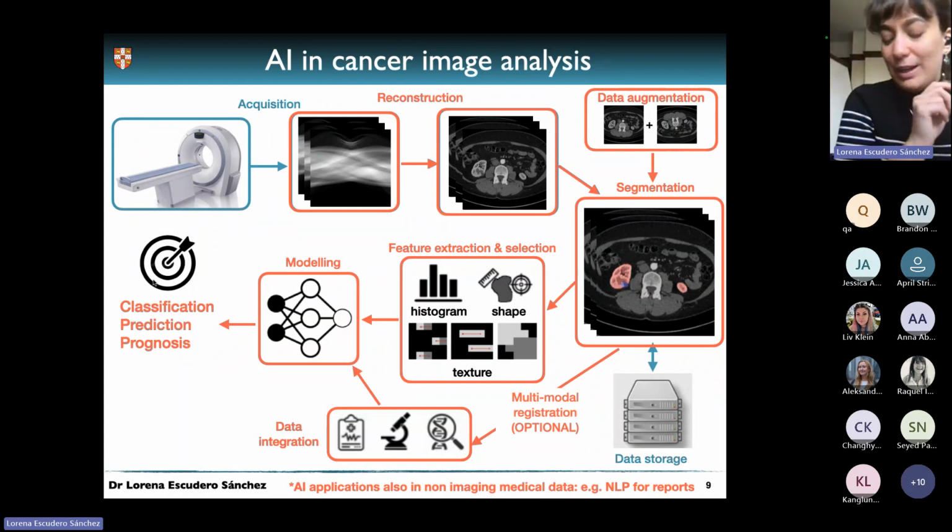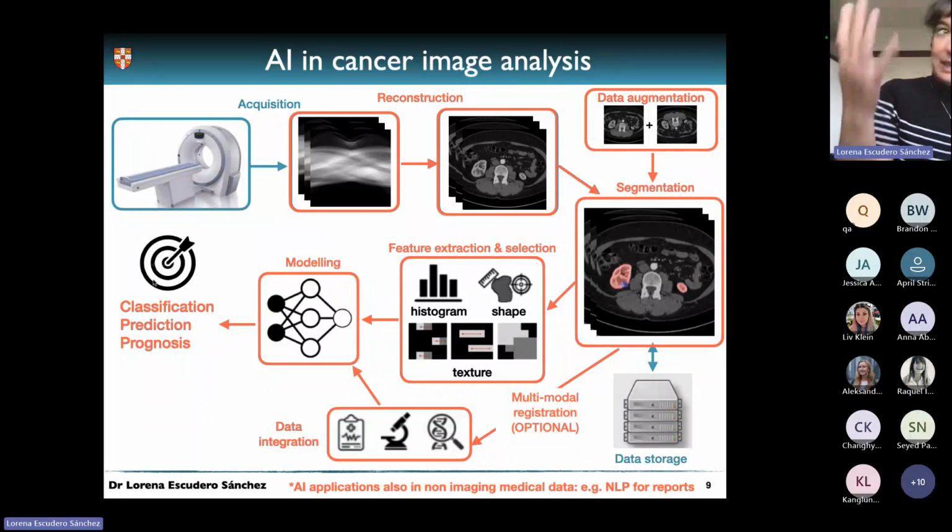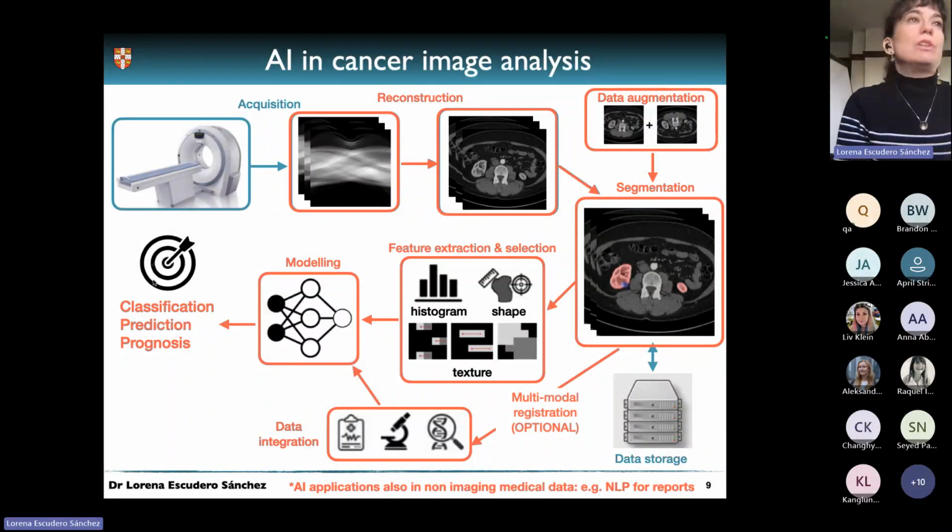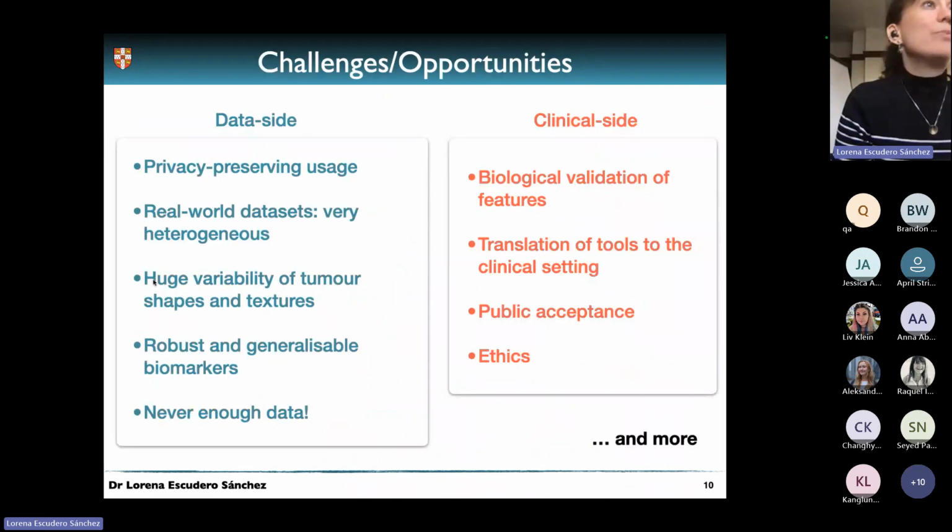I think I need to update this slide a little bit, because you can also use transfer learning, or other things that would also impact data sharing. In addition, there are other applications of AI relevant for radiological image analysis, such as NLP for reports, but I'm going to focus only on imaging because that's what I work on.